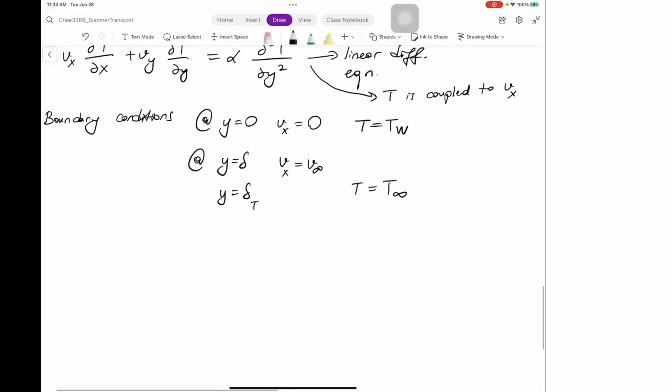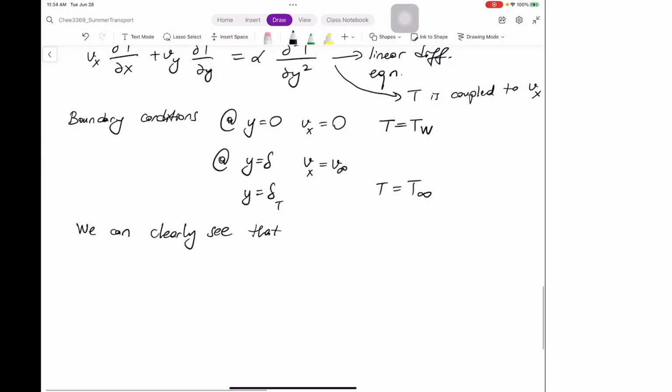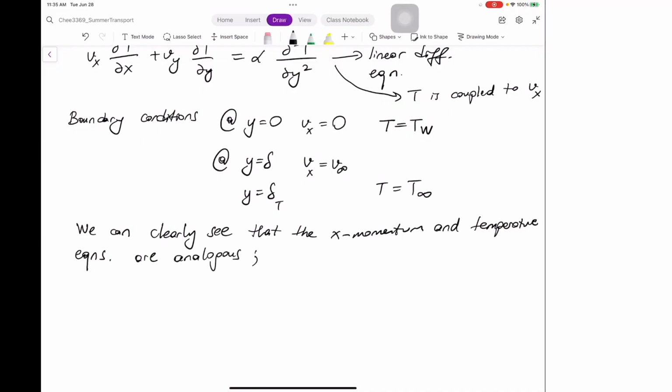Okay, so let's summarize. Now, we can clearly see that the x momentum and temperature equations are analogous, right?